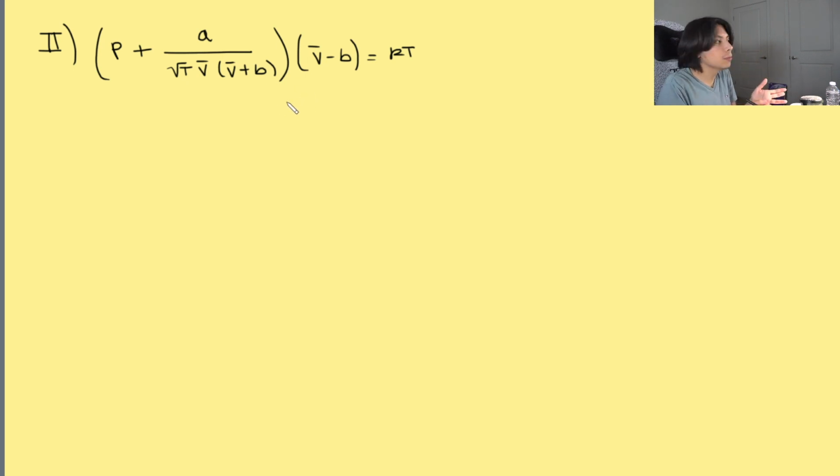We have to start somewhere, and the only thing we can start in terms of doing some algebra here that seems logical would be to simply distribute that V bar minus B to both of these terms inside that parentheses. So let's go ahead and do that.